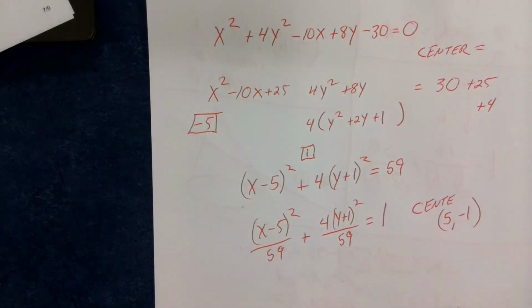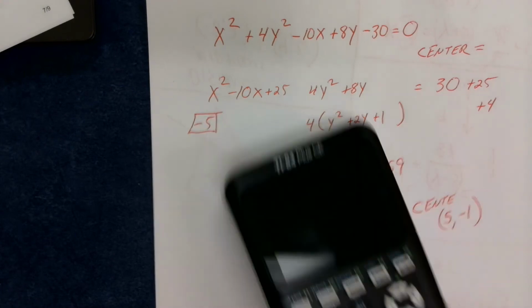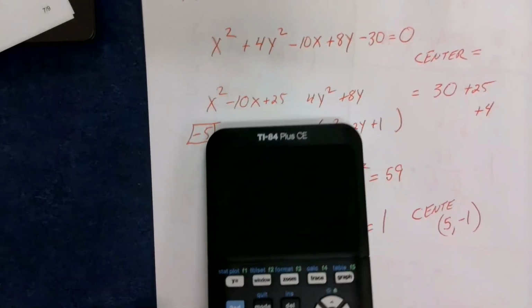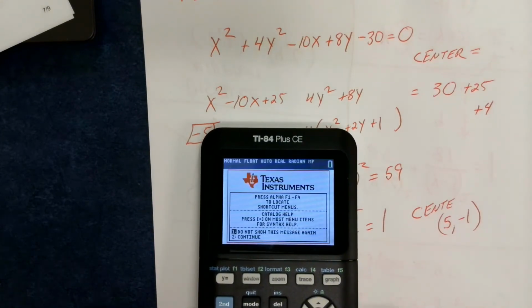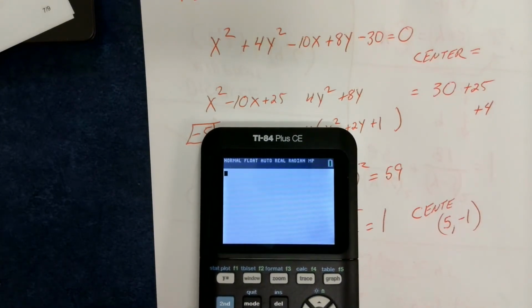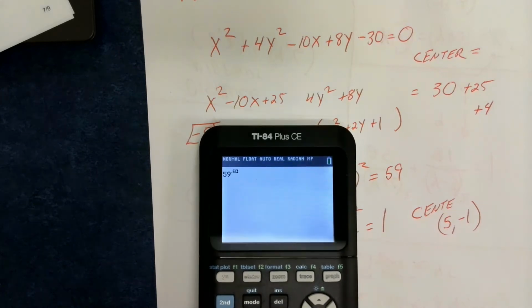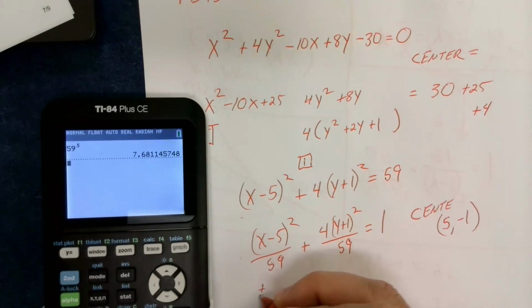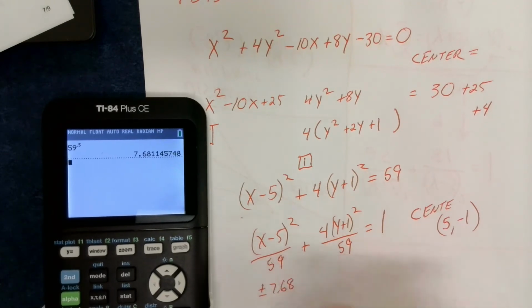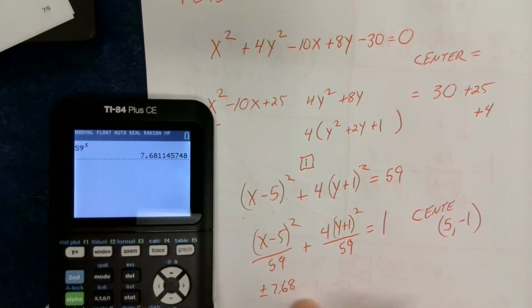So let's pull another one up here. Let's use this one. Turn that on. Ooh, a lot of stuff. 59 raised to the 0.5 power. So I get 7.68.